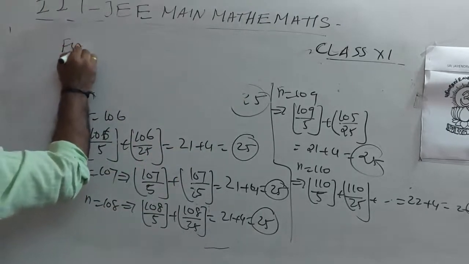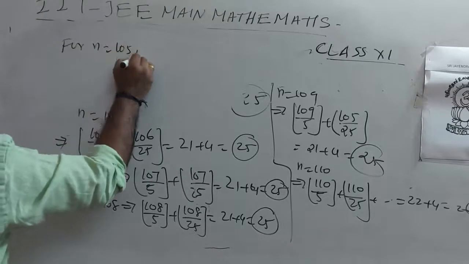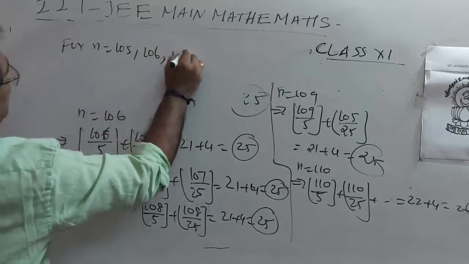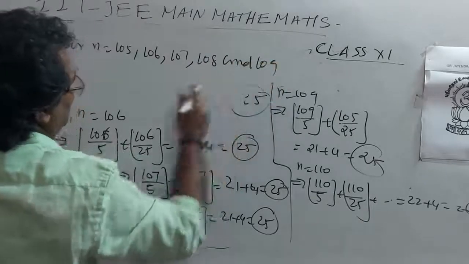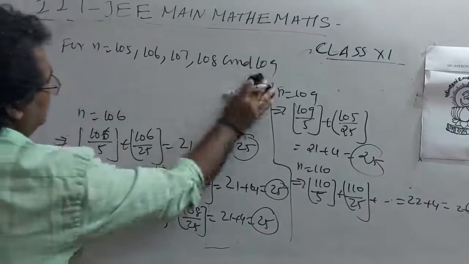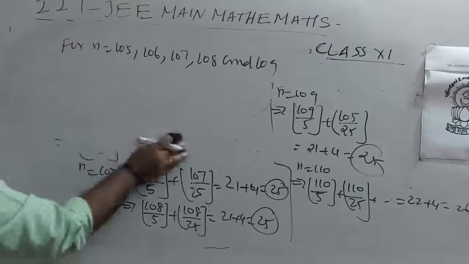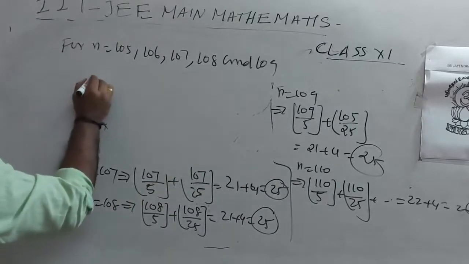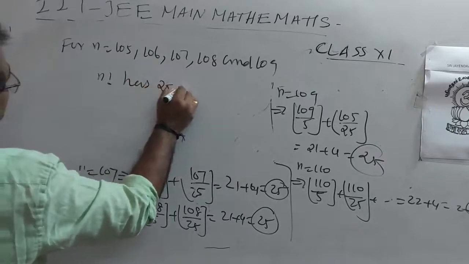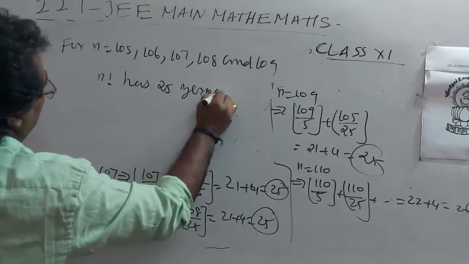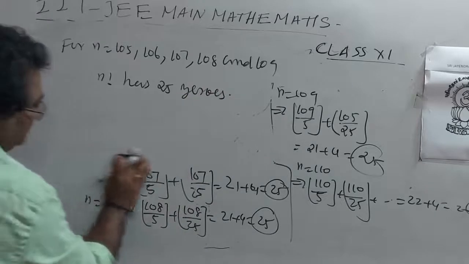For n equal to 105, 106, 107, 108 and 109, n factorial has 25 zeros.